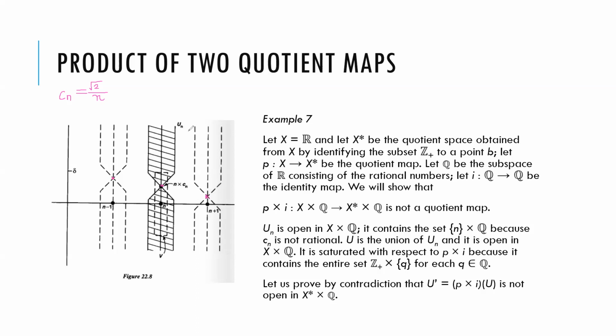We call Un the space which is bounded by x equals n minus 1/4, x equals n plus 1/4, and the lines which go through n cross Cn whose slope is minus 1 and 1.